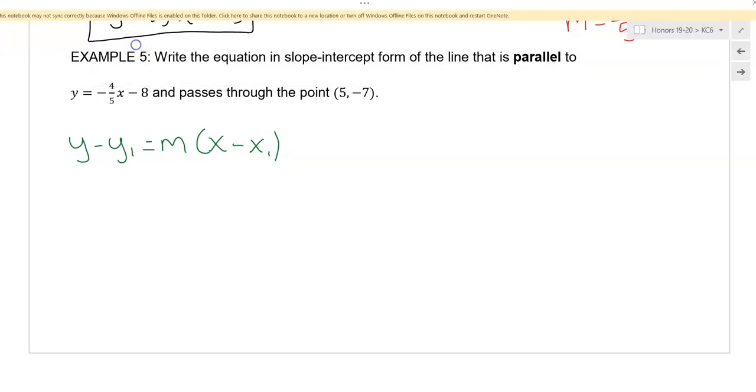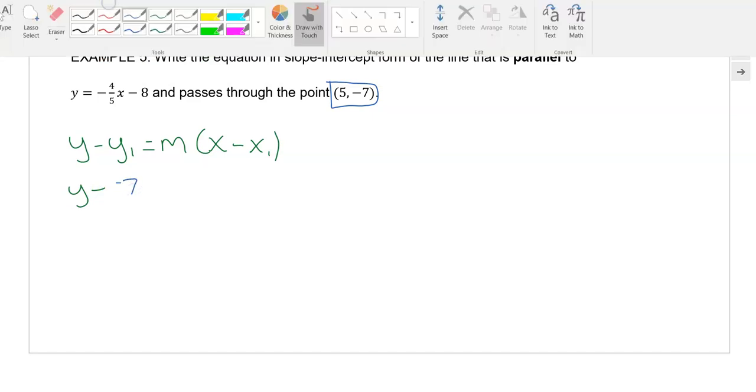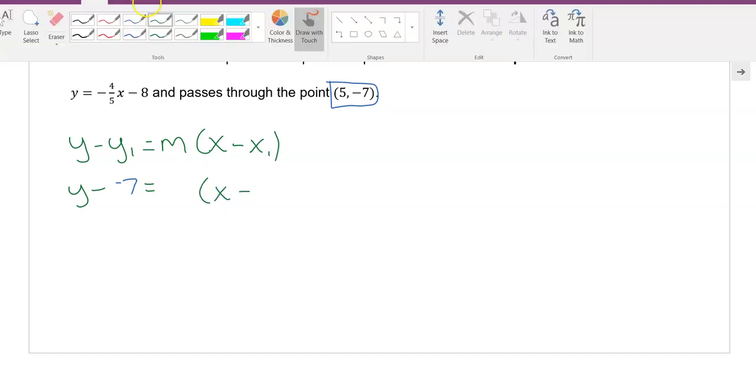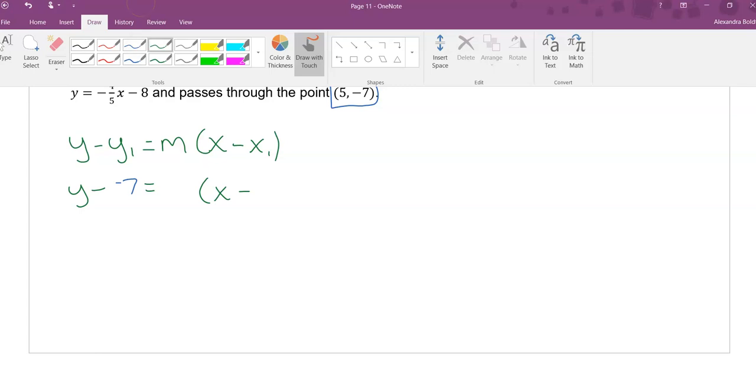We already know our x1 and our y1. So our y1 is negative 7. We'll keep our slope blank. And our x1 is 5.